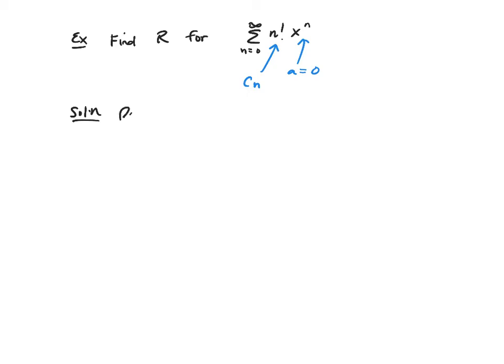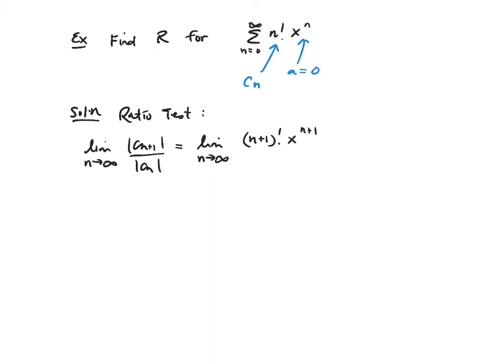Okay, so of course, the only test we ever use for a radius and interval of convergence is the ratio test. So set it up. Limit n to infinity of a n plus 1 over a n, which is n plus 1 factorial x to the n plus 1 over n factorial x to the n.